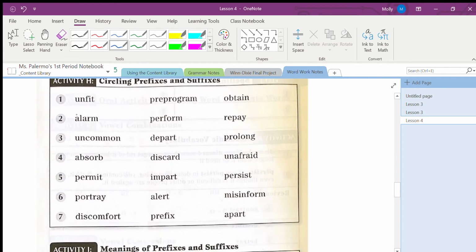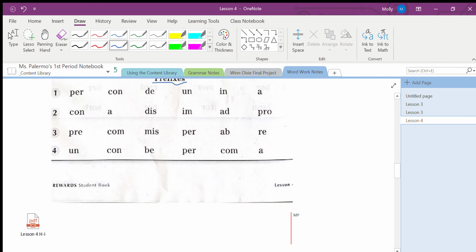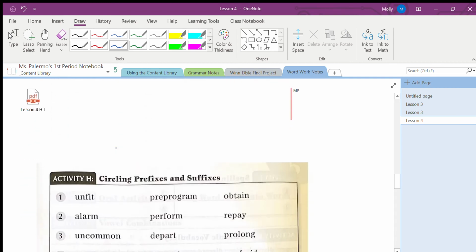All right, I'm going to do line 1 with you so that you know what to do with the rest of the words. So first, let's start with circling prefixes. Well, I see in this word that un is a prefix that we actually just learned in these lessons. So I am, for sure, going to circle un. I am also going to do that half circle thing underneath my word parts, the rest of my word parts that are not the prefix.